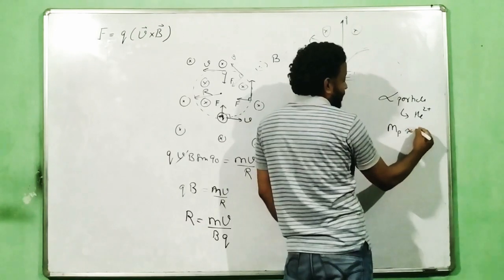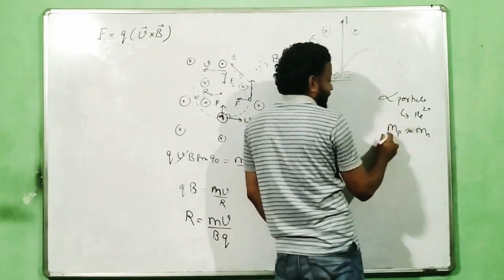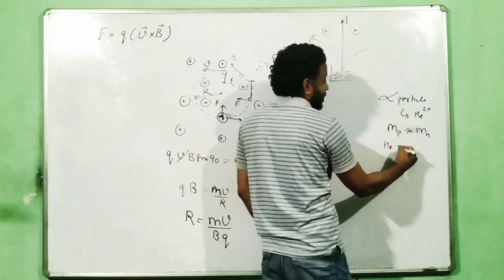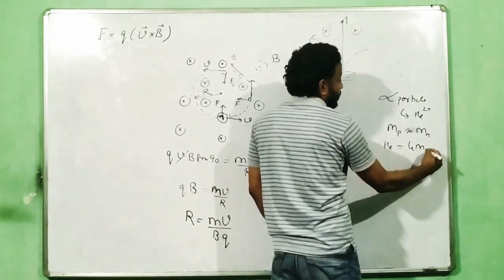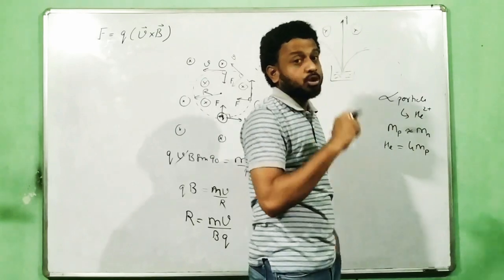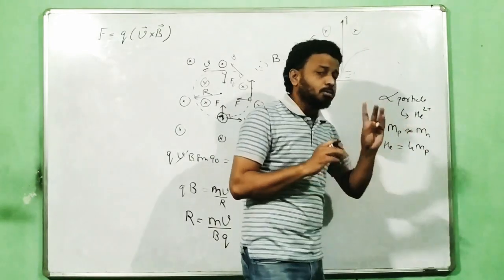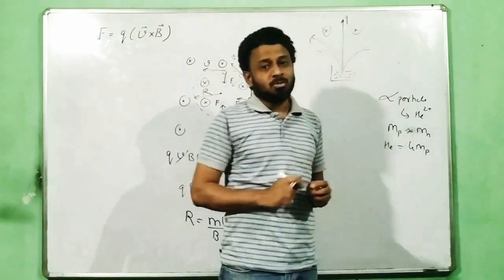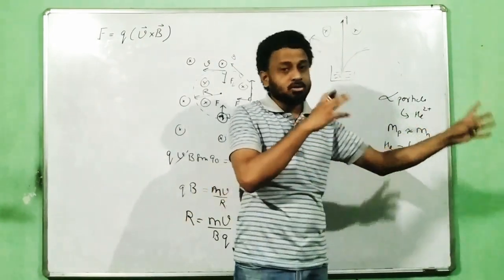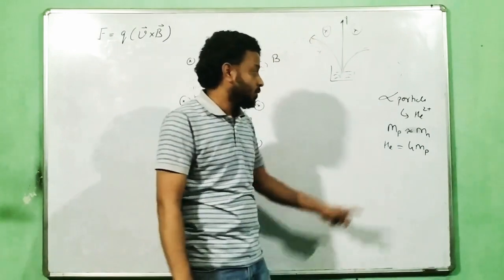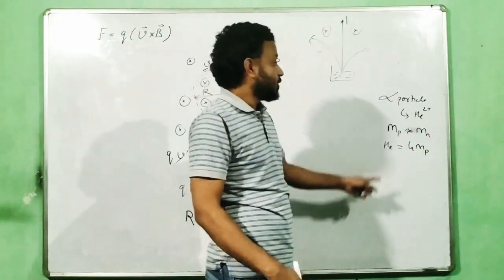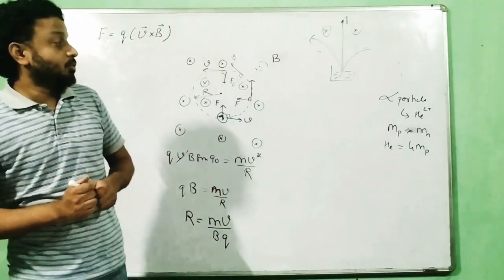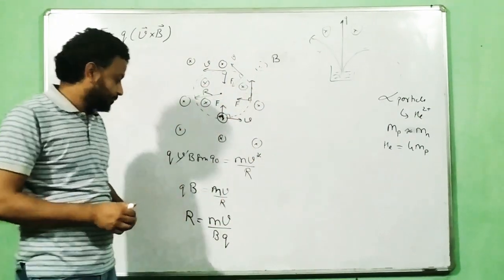Mass of proton and mass of neutron are almost the same. So the helium nucleus will have a mass of 4 times the mass of proton, because it has 2 protons and 2 neutrons. So it is 4 times more massive than the proton. You should know these things.